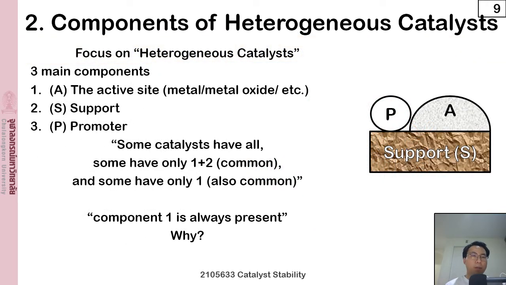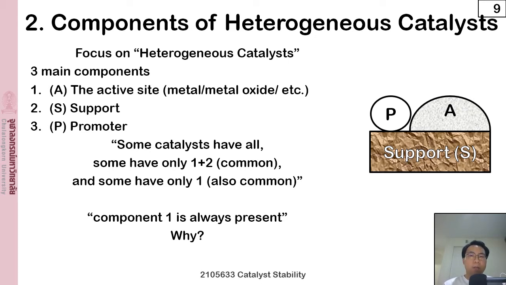As this course focuses on the heterogeneous catalyst, we will see the components that are the main elements that build up the catalyst. The three main components of the heterogeneous catalyst are the active site, the support, and the promoter.